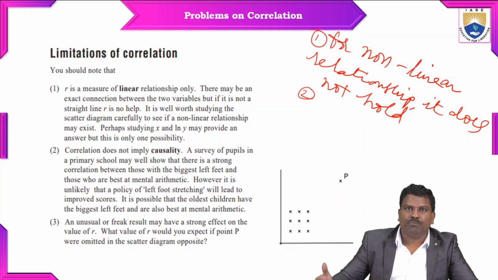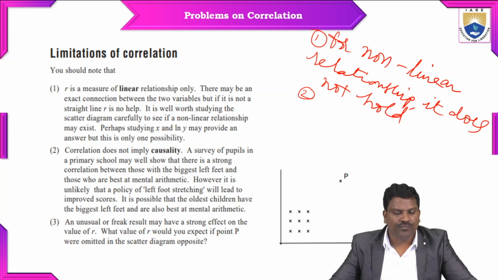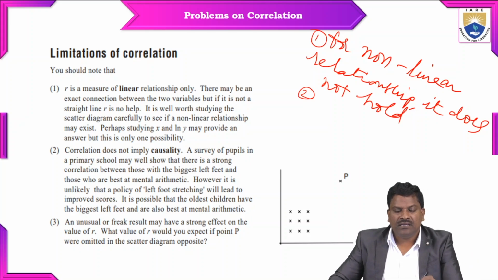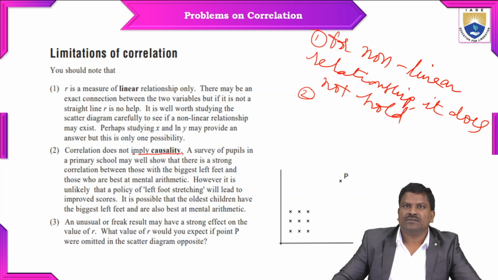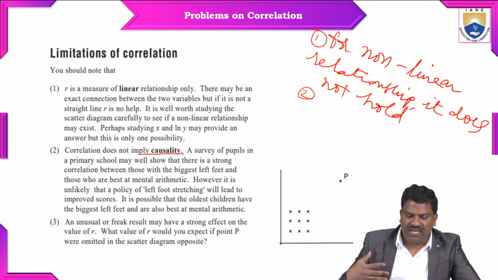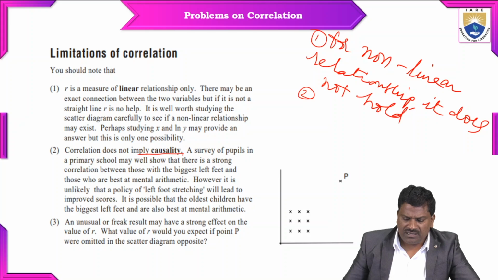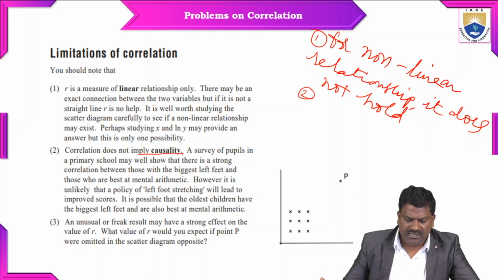Next, correlation does not imply causality. A survey of pupils in a primary school may well show that there is a strong correlation between those with the biggest left feet and those who are best at mental arithmetic.